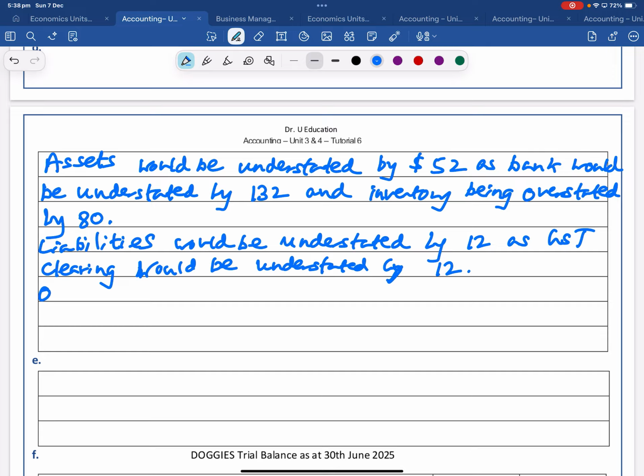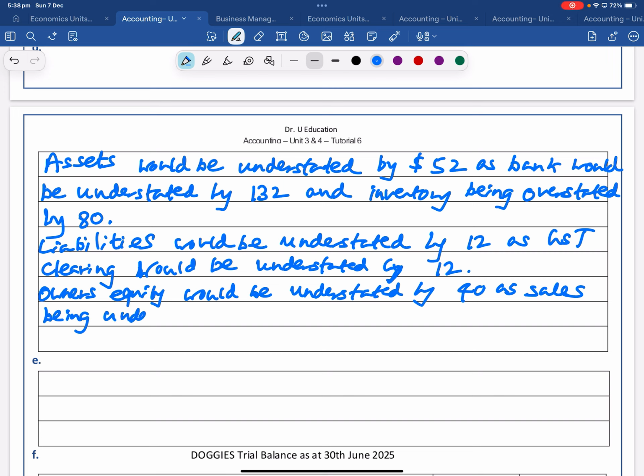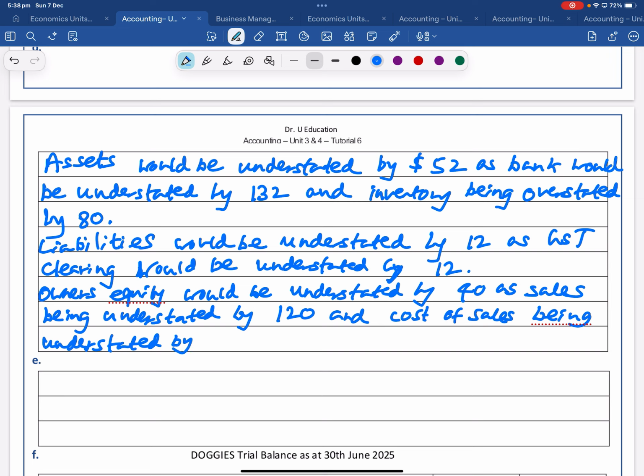Next one, owner's equity would be understated by 40, as sales being understated by 120 and cost of sales being understated by 80.